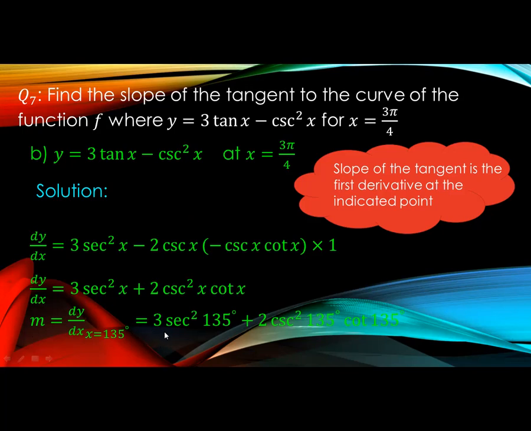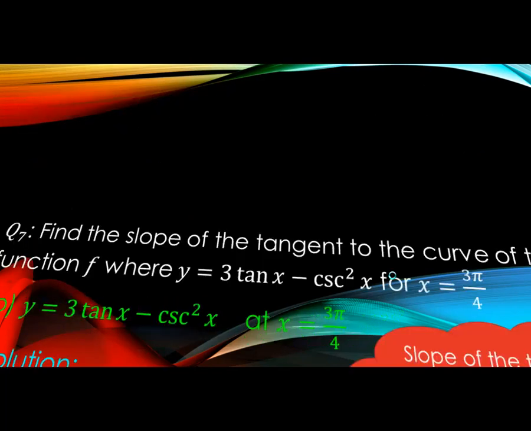It is equal to 3 sec squared 135 plus 2 cosec squared 135 cotan 135. By using the calculator, the answer becomes 2. So the slope of the tangent at x equals 3 pi over 4, its numerical value, is 2.